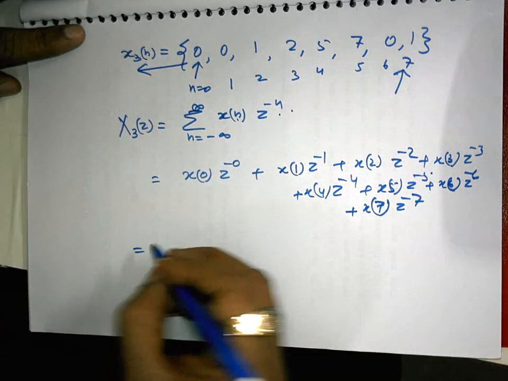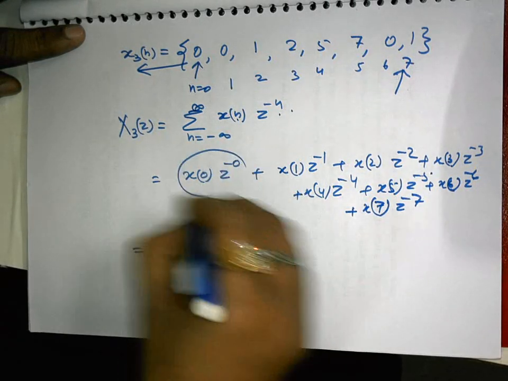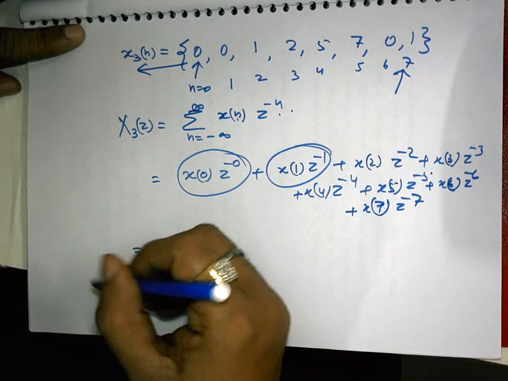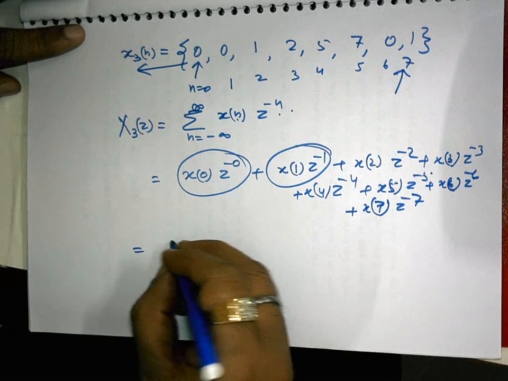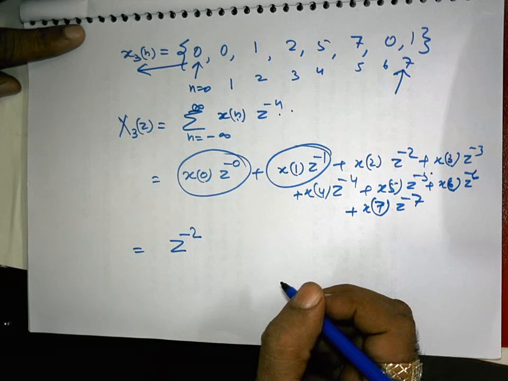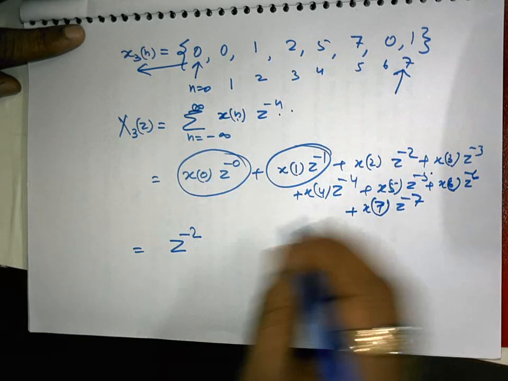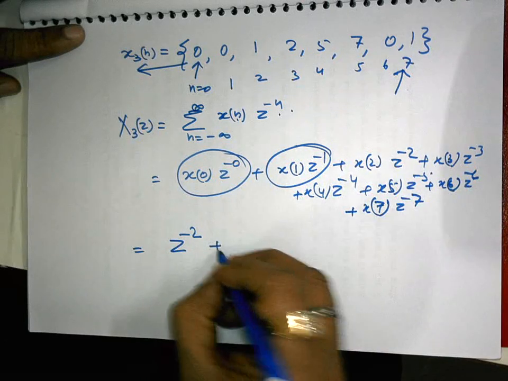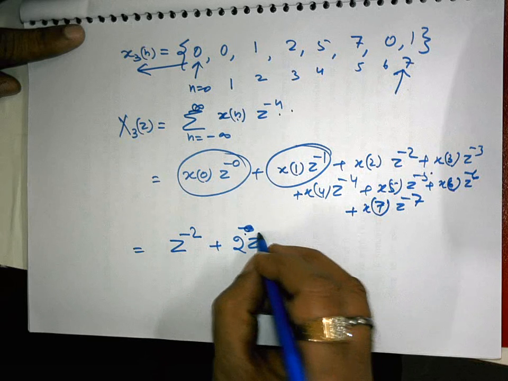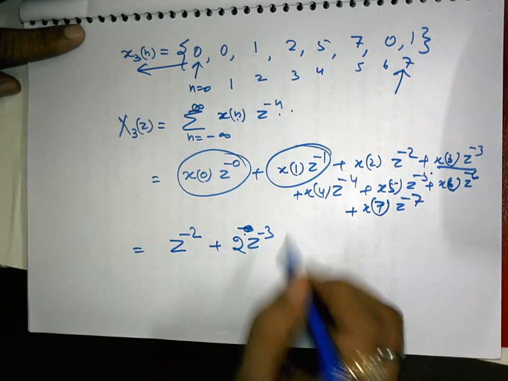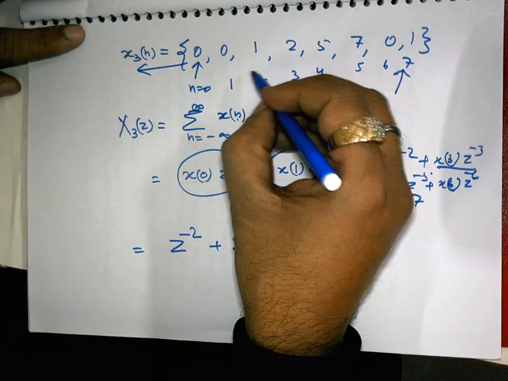So x[0] is 0, signal strength is 0, x[1] signal strength is 0, not needed to write, x[2] is 1, so 1 z to the power minus 2. Then x[3] is 2, so 2 z to the power minus 3. Getting my point?